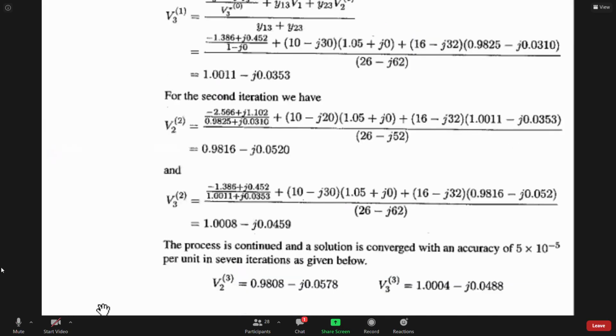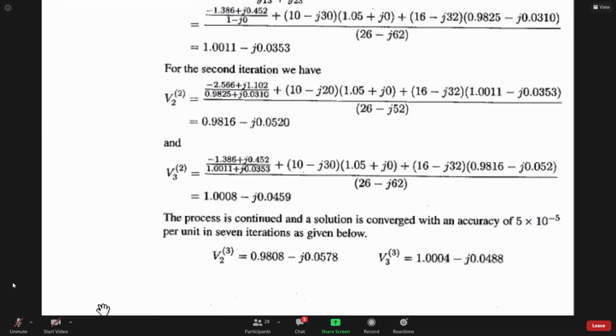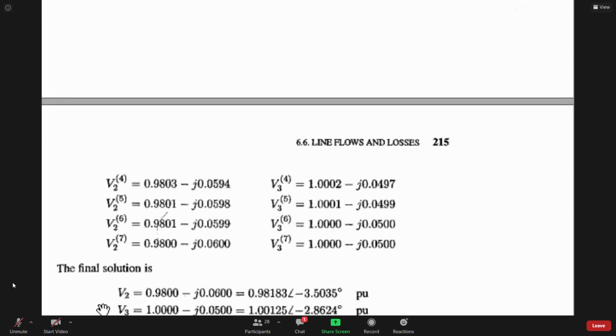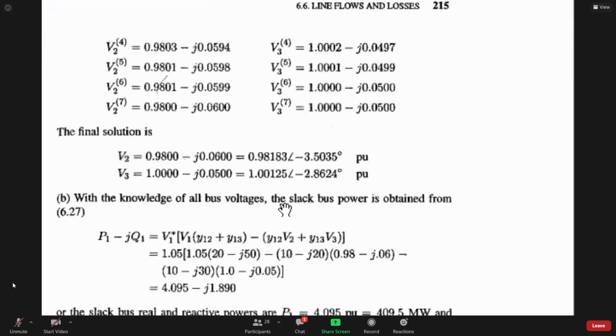When you calculate V2 and V3 after several iterations, you will reach your desired result. A 10 to the power -4 error limit will give you the result like this: V2 as 0.98 and V3 as 1. So this will be the result for voltage, and then we can find the slack bus power, because for the slack bus, what information is given?